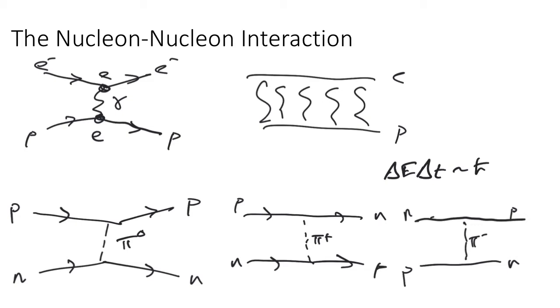So we're free to violate conservation of energy as long as the time is short. And in this case, we can generate energy, which is the mass of the pion, but only on short time scales, and that means it can't get very far, so the range of the interaction is reduced.